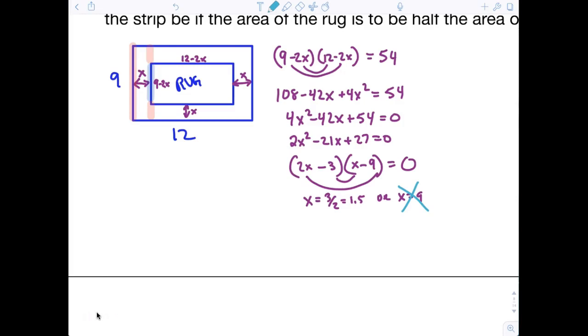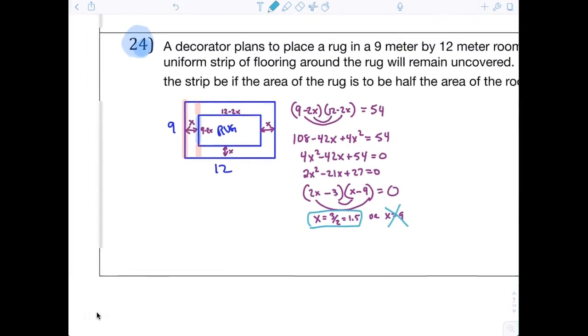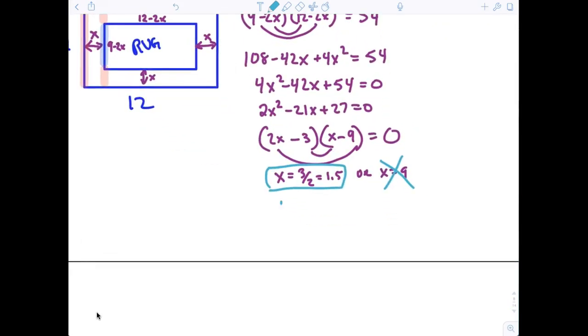I can't make a uniform width of 9 meters if the length of my room is only 9 meters. Is everybody with me on this? So the width that you're going to measure out is 1.5 meters.